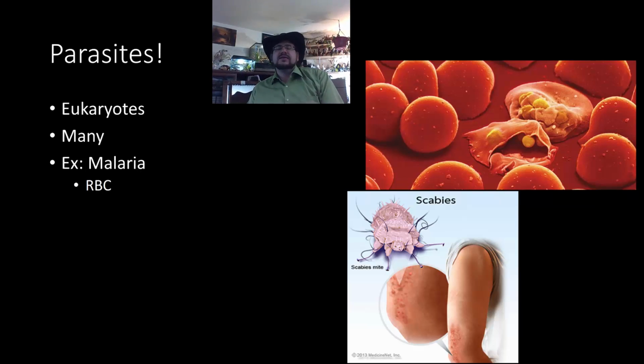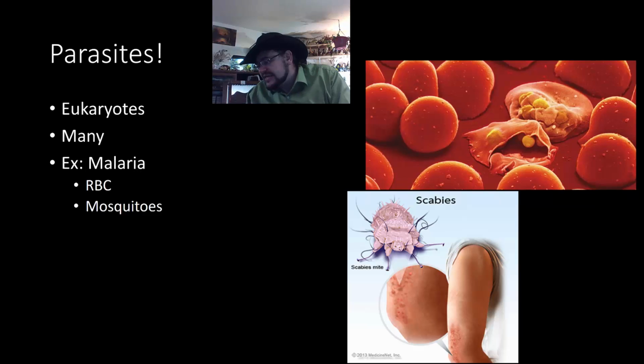What's fascinating is that the malaria parasite has evolved with mosquitoes, such that mosquitoes are what transfer the malaria infection from host to host. They can survive in the gut of a mosquito, and they migrate to the mosquito's salivary glands.